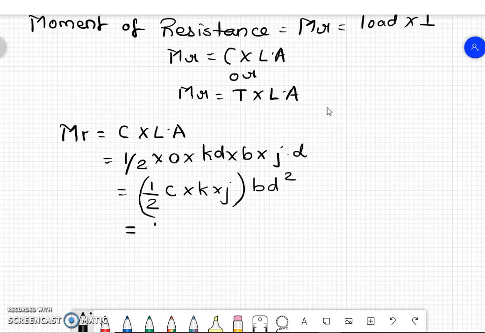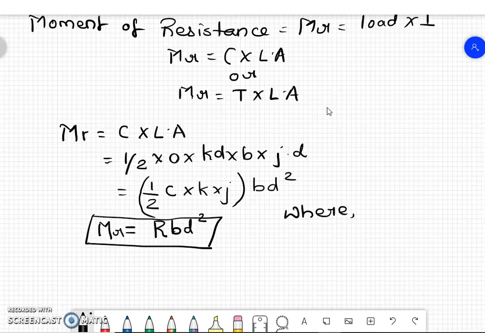Now this can be written as capital R BD square. So again I am using the constant R to consider all these constants, that is C, K and J. What will be the value of C?